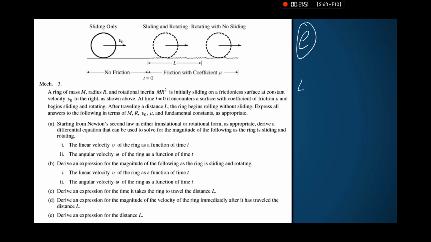So our kinematics equation would be dx is V0 t plus 1/2 a t squared.